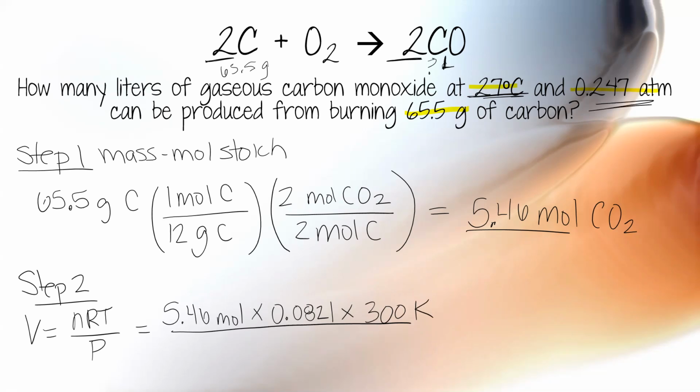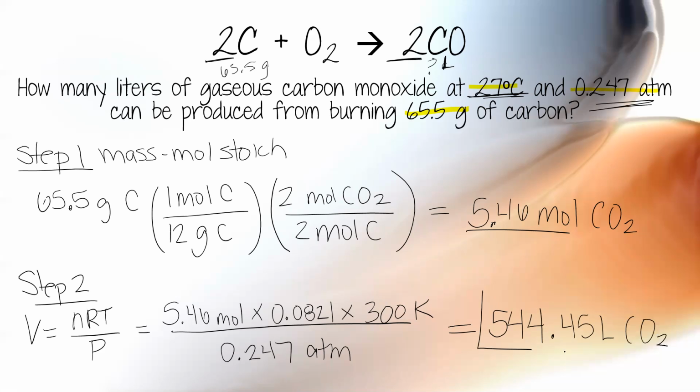And pressure is given to us in the problem as well. So I take 5.46 times 0.821 times 300, all divided by 0.247. And my answer is about 544.45 liters of carbon dioxide. So I went from grams mass of carbon to liters volume of carbon dioxide.